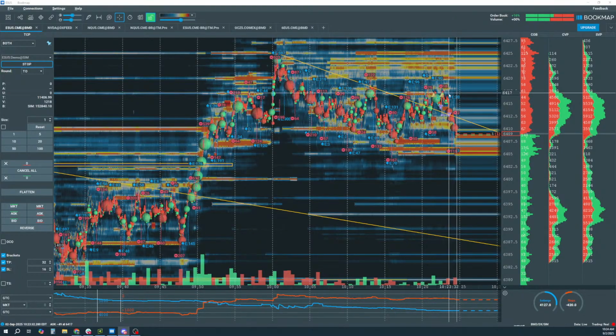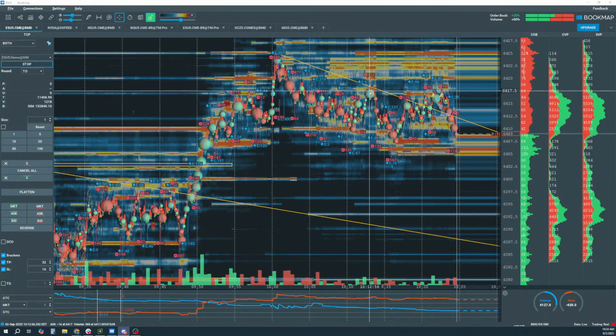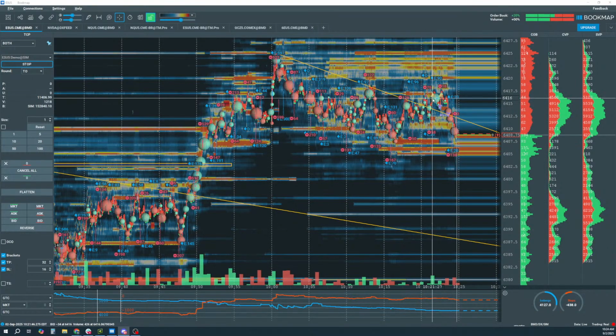Okay, so yeah, we did not get the bust above this swing here, even though it was looking pretty good, and we got the retest there as well.